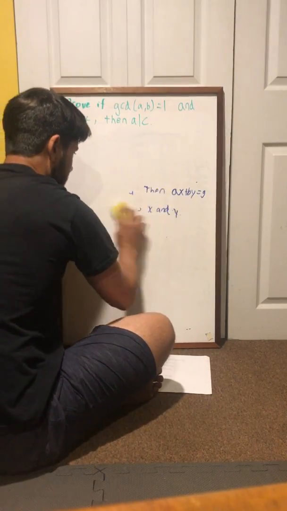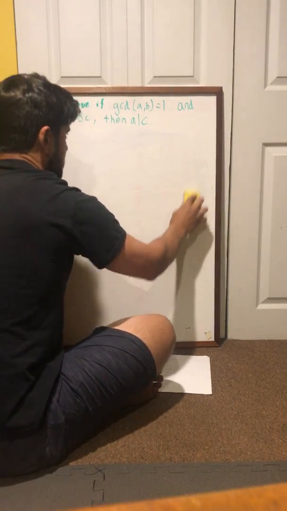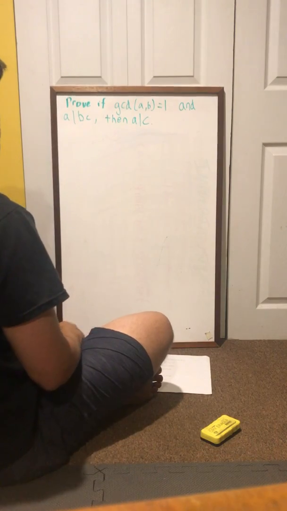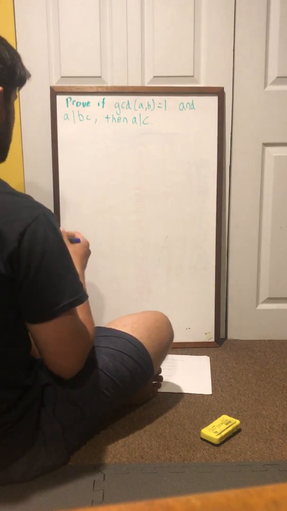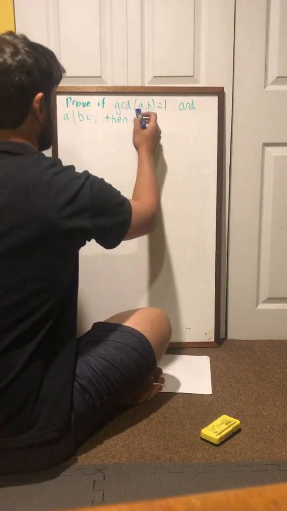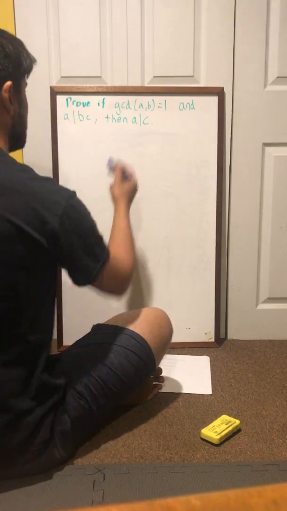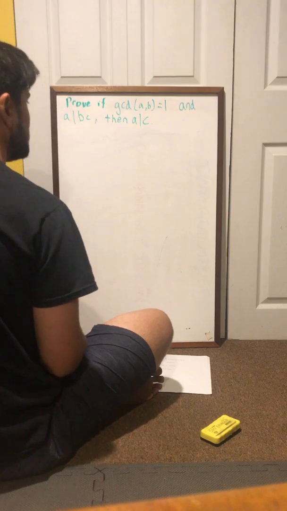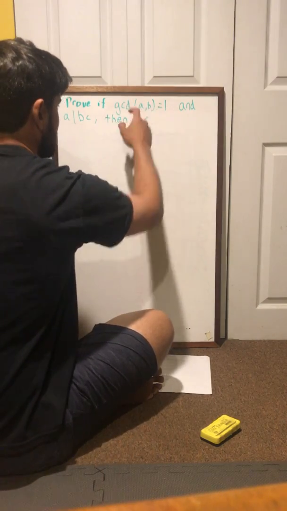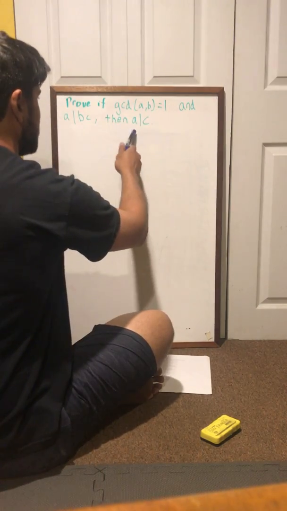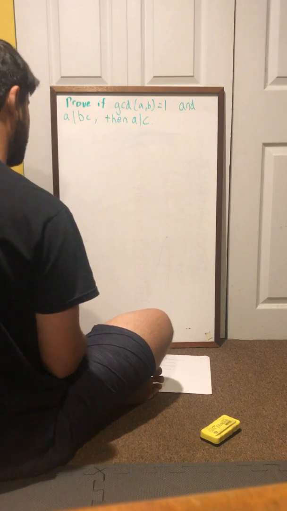All right, so now we can get started on the proof. Okay? So if GCD of AB equals 1 and A divides BC, then A divides C. So our goal at the end of this proof is to be able to say that A divides C. All right?